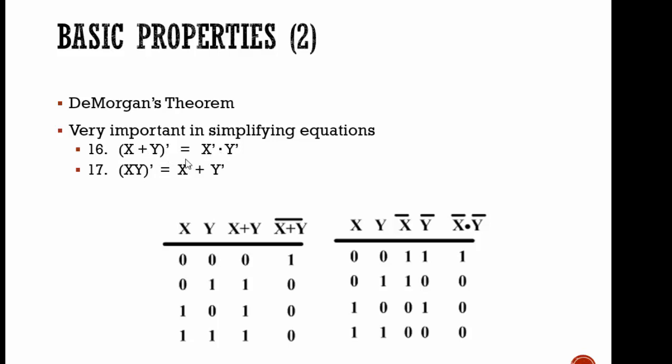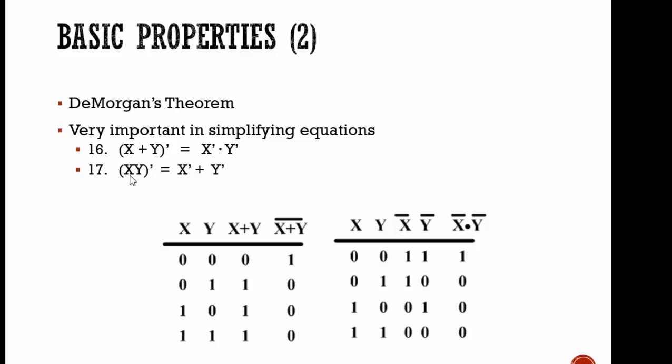So the result now is x prime distributed to the x, and the apostrophe distributed to the y, and then you replace the or with the opposite operation. Okay, so that's why you have the and operation.